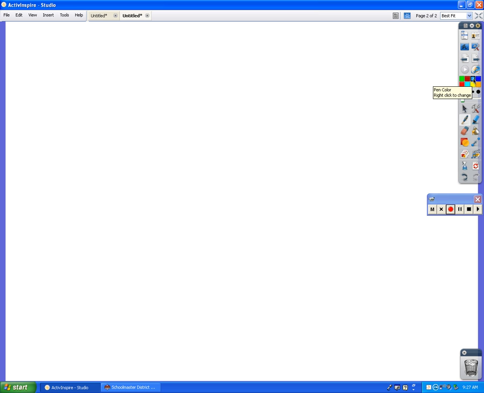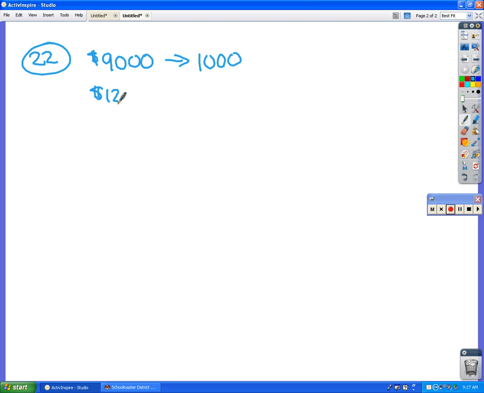22. A small appliance manufacturer finds that it costs $9,000 to produce 1,000 toaster ovens, and $12,000 to make 1,500.